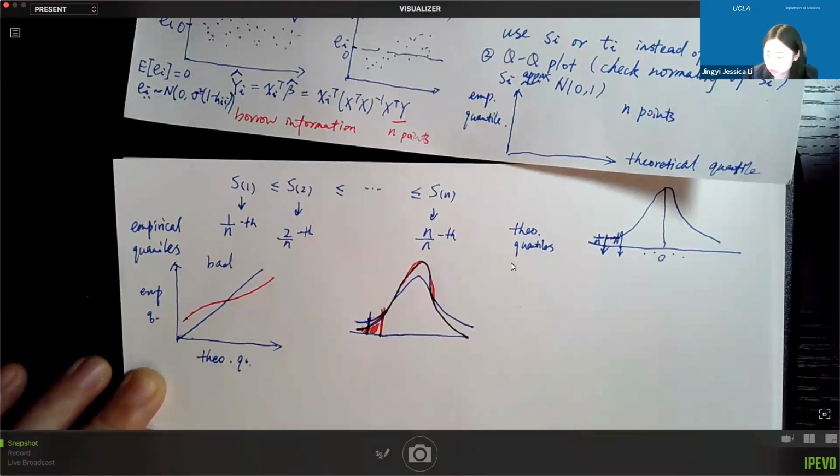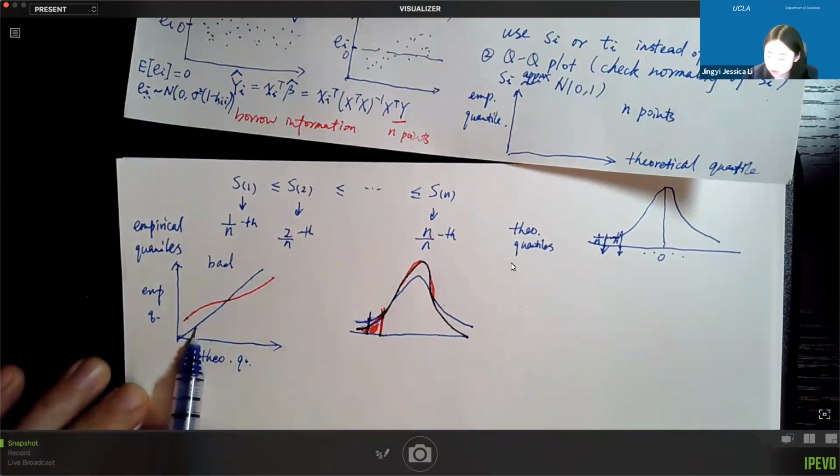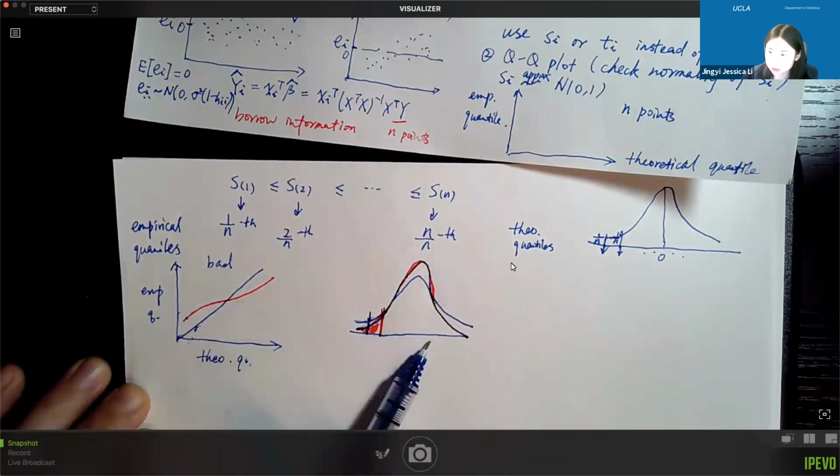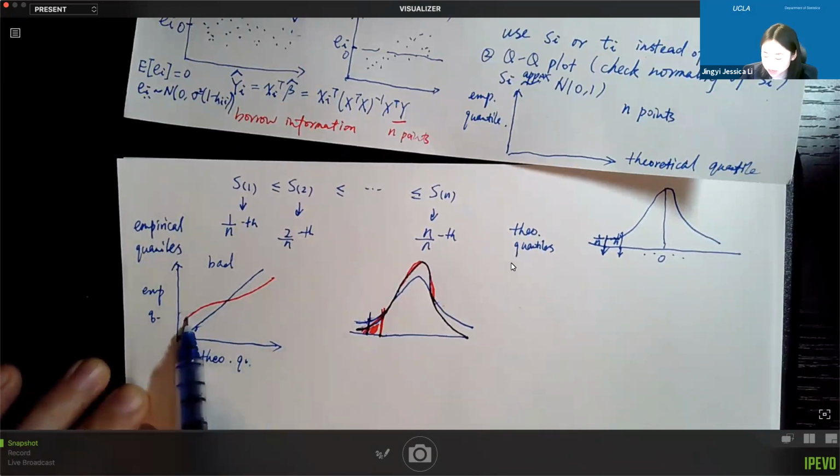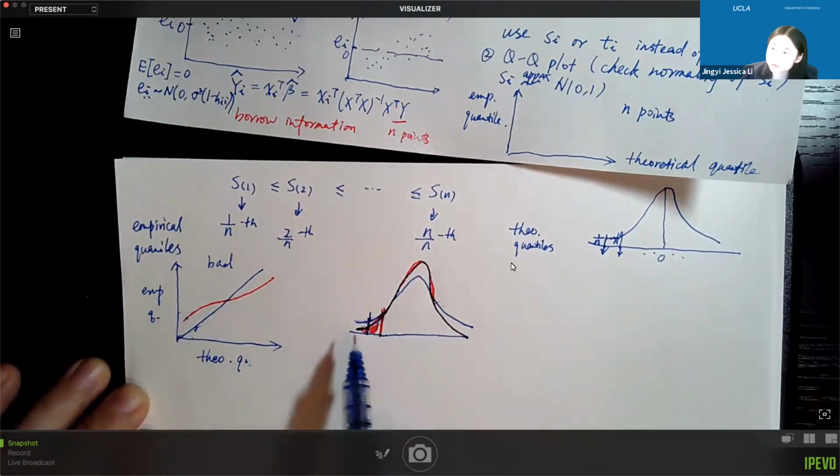The theory is too heavy-tailed compared to the empirical distribution. I'm just using this as an example so that you can relate the QQ plot pattern to the understanding of the model fitting. You don't need to memorize which pattern corresponds to which if you understand the essence of the QQ plot. Just try to figure it out yourself and think about the relation between quantile and the left tail probability.